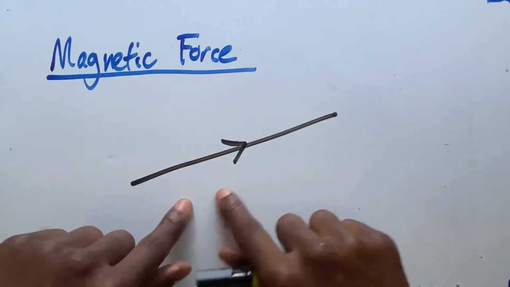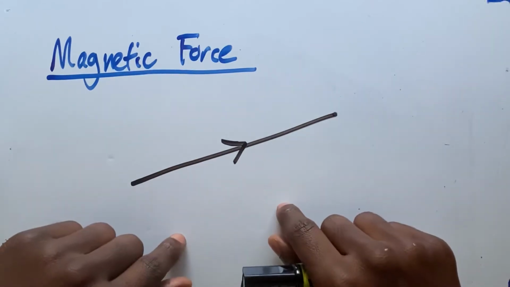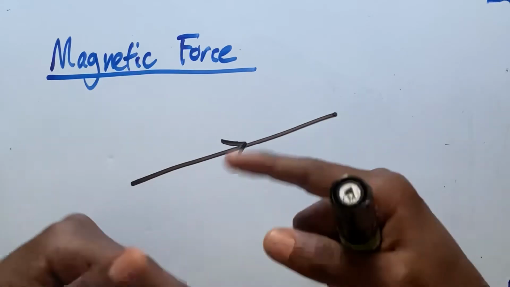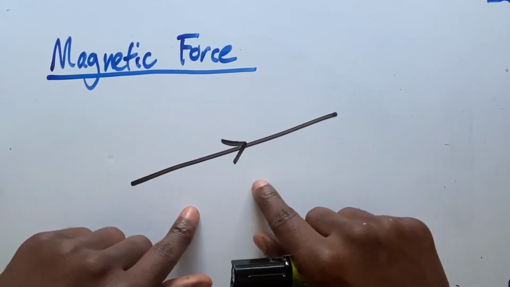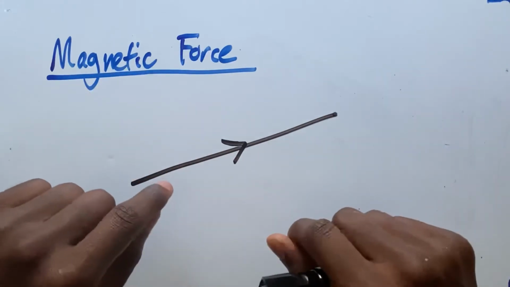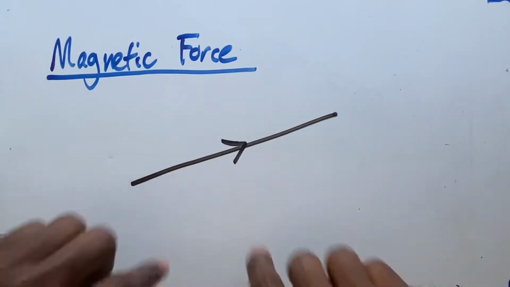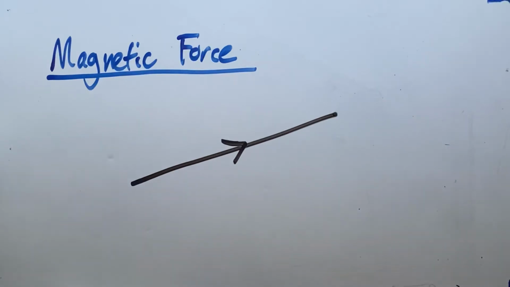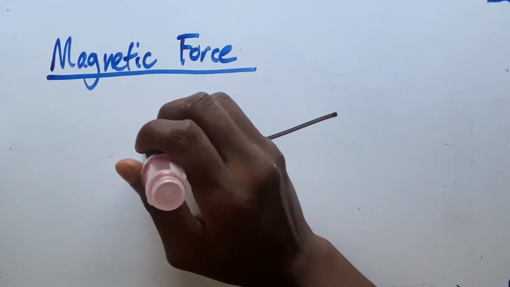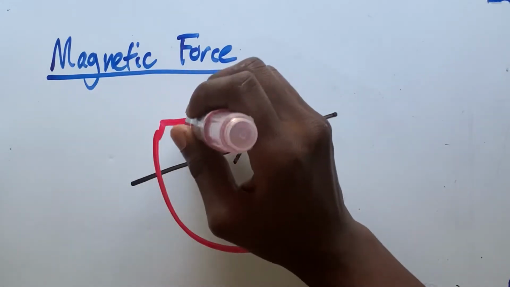We know this current produces its own magnetic field, but if I were to put this current inside of another magnetic field, so let's say I put a horseshoe magnet around it. Let me do red. So this is the horseshoe magnet.